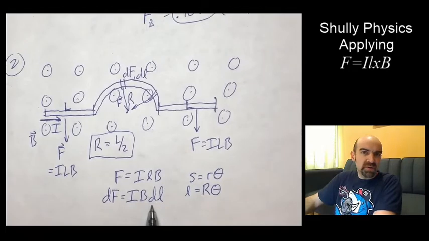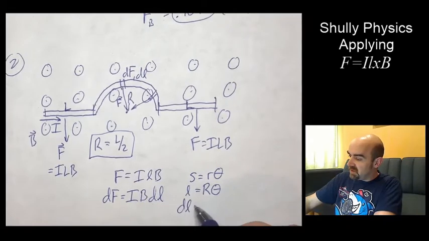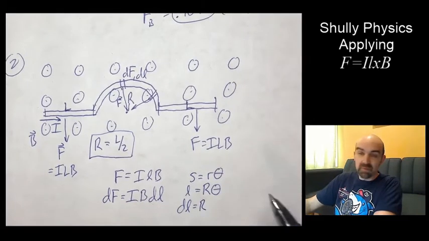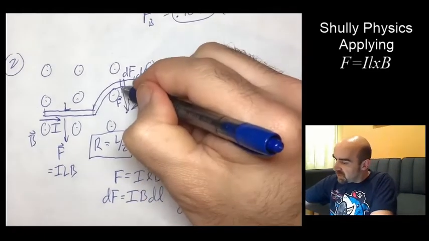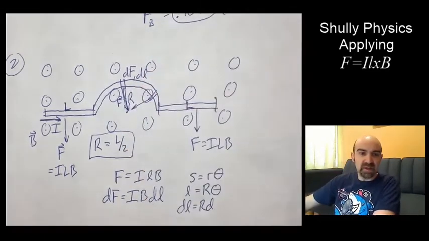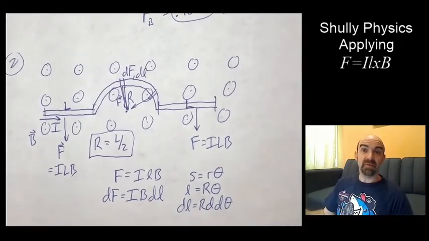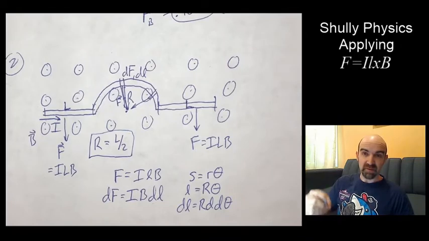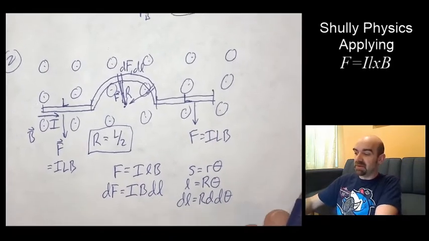So what exactly is dl in terms of the properties of the semicircle? Well, if we take the derivative of both sides here, dl with a constant R will refer to a certain small bit of, go between here and here, there's that small little tiny bit of an angle d theta. So now we have the dF, the infinitesimally small piece of force, in terms of a very small change in angle.